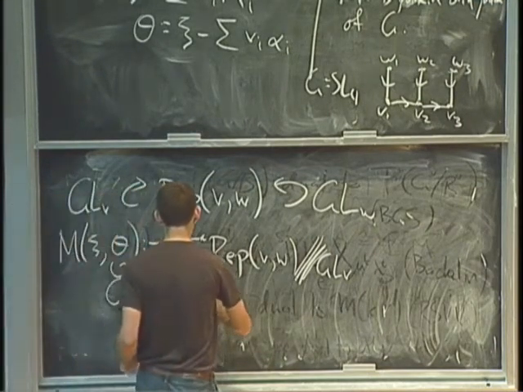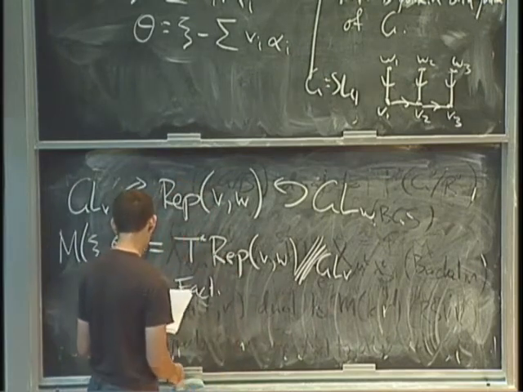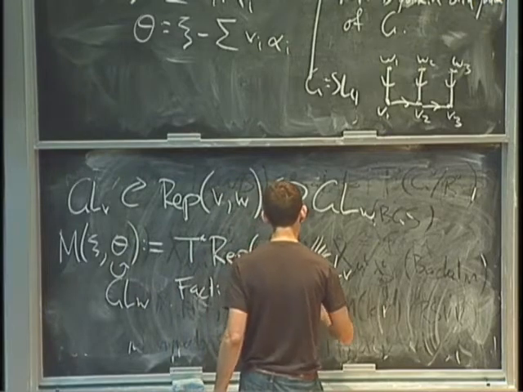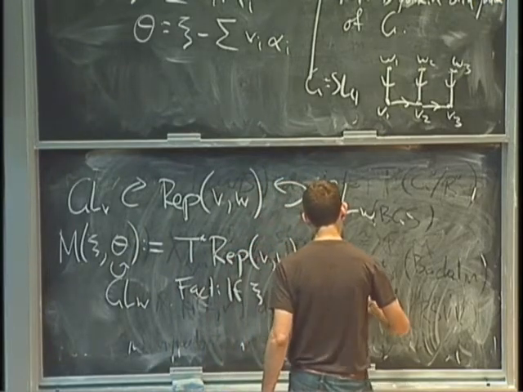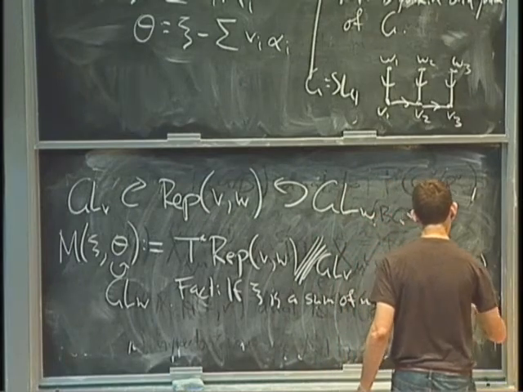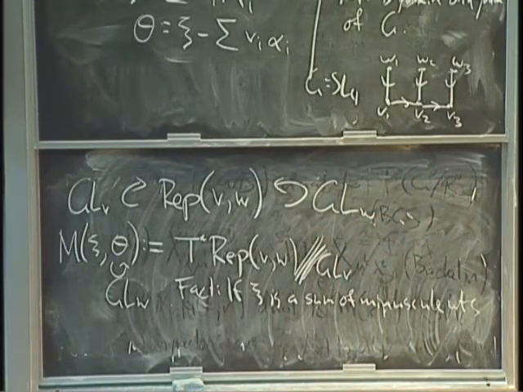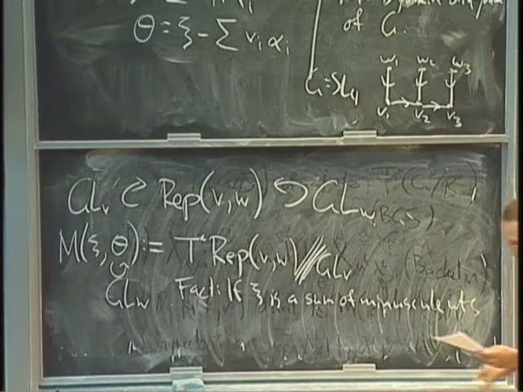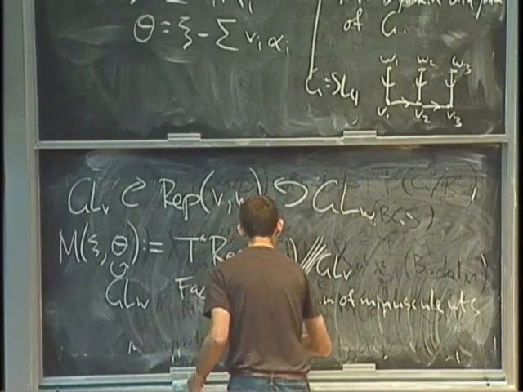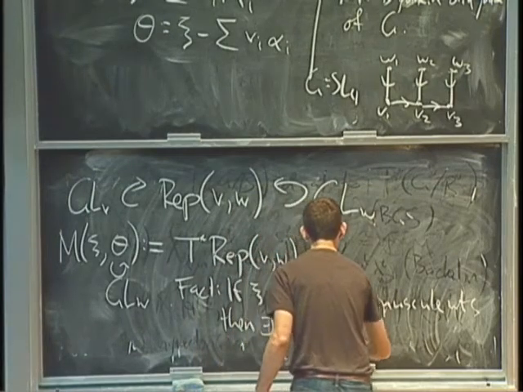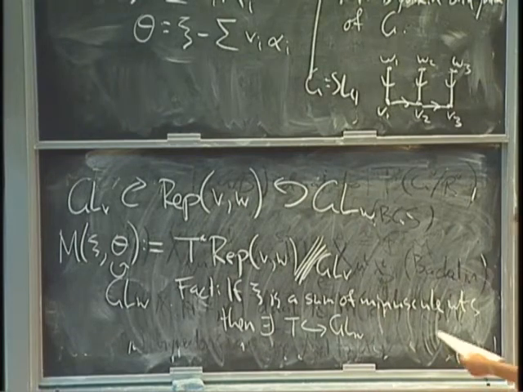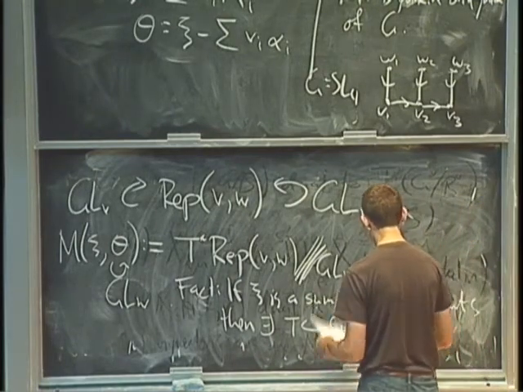In fact, it's sometimes true, not always true: if xi is a sum of minuscule weights, so this always happens in type A, and only sometimes in types D and E, then there exists an inclusion of T into GL_W, a one-parameter subgroup of GL_W with isolated fixed points.